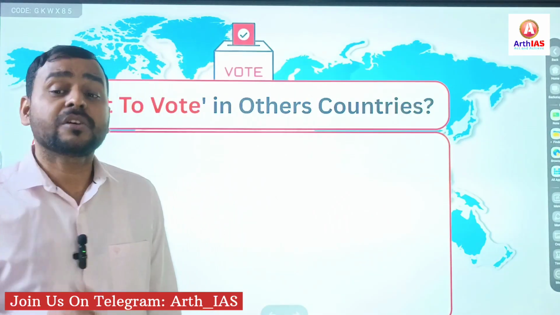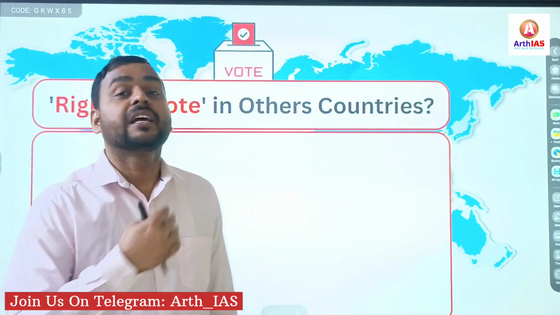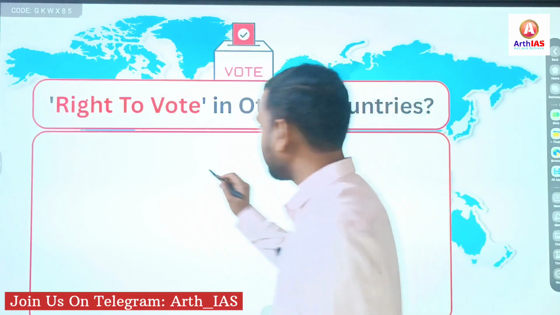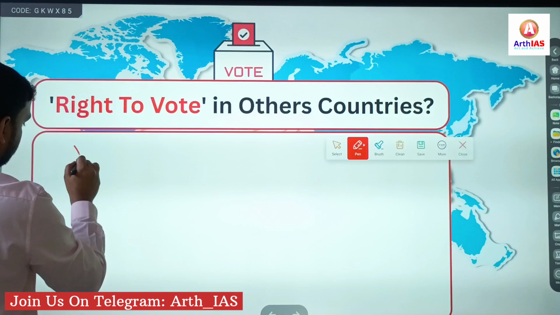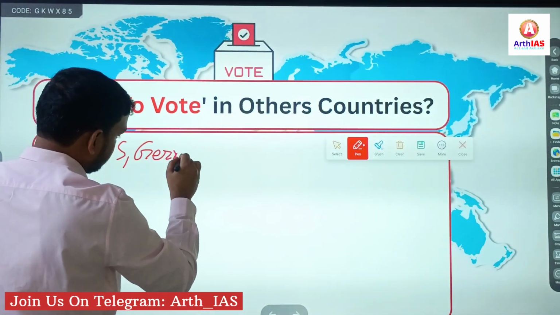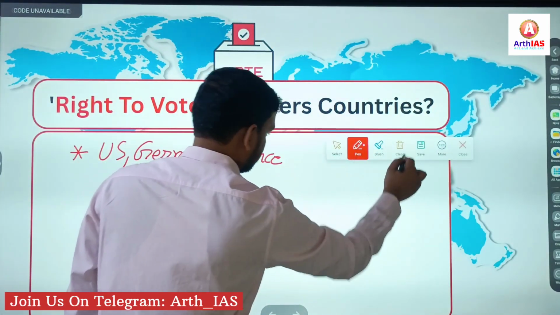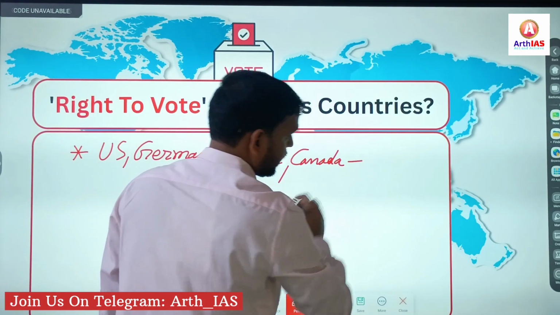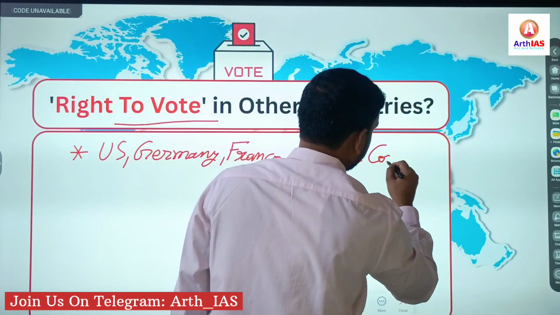Now, the right to vote in other countries of the world. For example, in the US, Germany, France, Canada, the right to vote is a constitutional right. Yes, you have heard right, I am writing US, Germany, France, Canada: right to vote is a constitutional right.